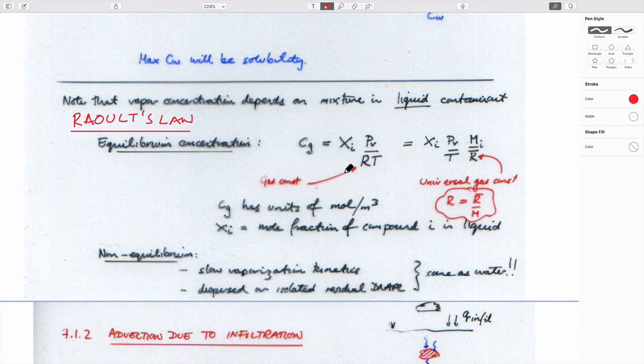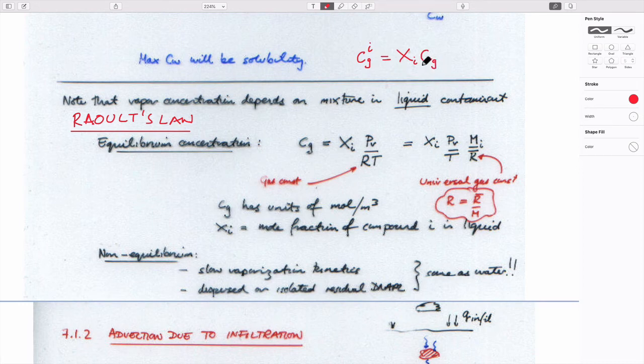It says that it's easier to write it out as concentration of gas for component i is equal to the mole fraction of that component multiplied through by the free phase component.